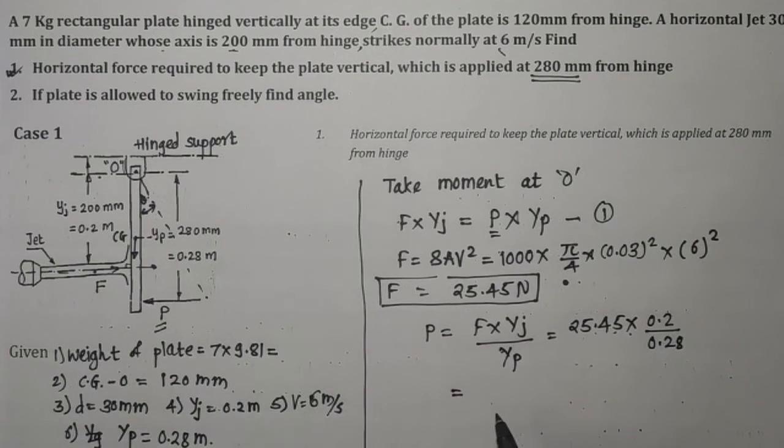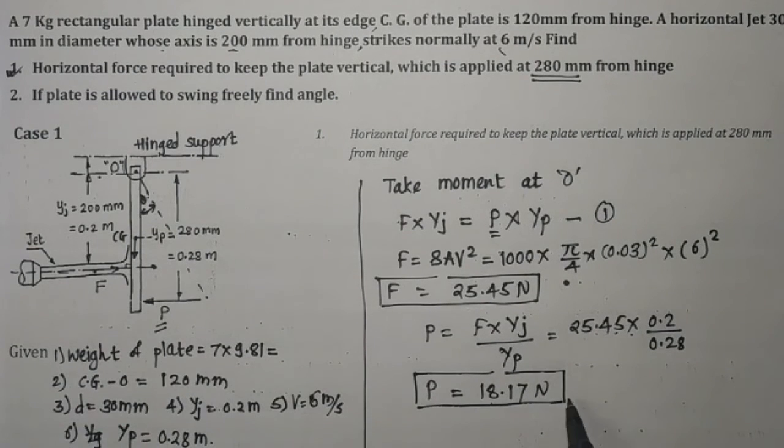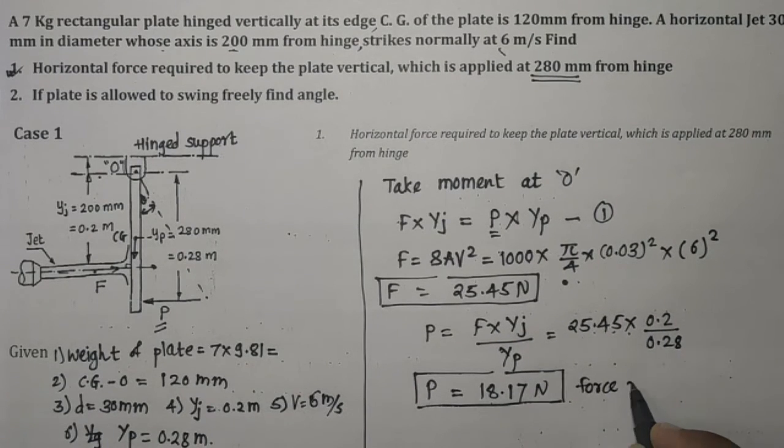If we solve this equation for P, it will be 18.17 Newton. So if we know the location of P, we can find the force required. This is what we call the force required to keep the plate vertical.